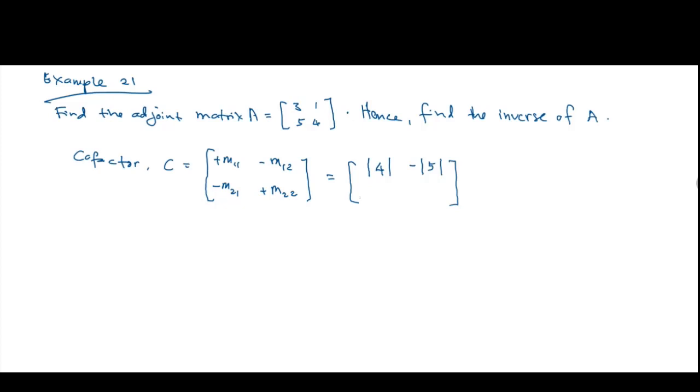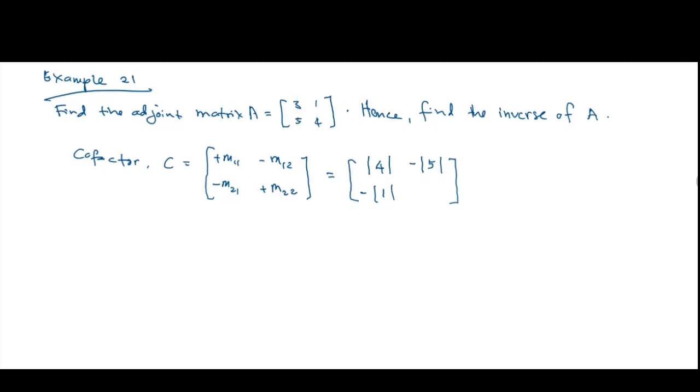The third cofactor is negative. We delete the second row and first column, so we are left with 1. And the fourth one is positive multiplied by the minor, where we delete the second row and second column, so here it is 3. Remember, this symbol is not modulus, this is determinant.